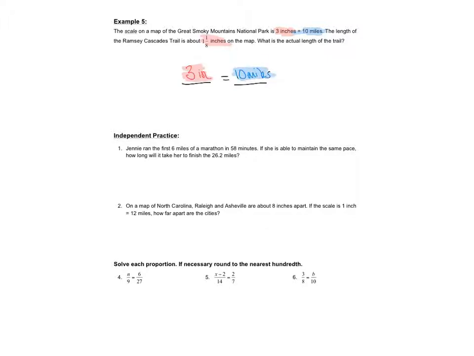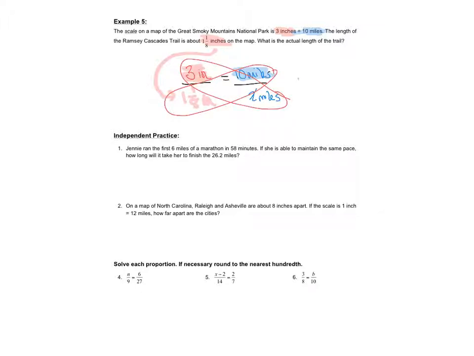So when I place this 1 1/8 inches, I need it to either be horizontal with the 3 inches or vertical to it. So I'm going to put it right here, 1 1/8, which leaves our actual miles, the actual length, as x. So now we can go ahead and calculate, because I know I have my inches lined up and my miles lined up. I can cross multiply.